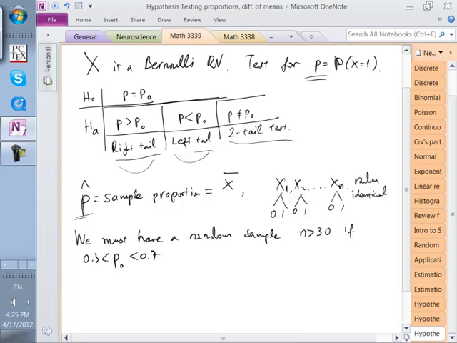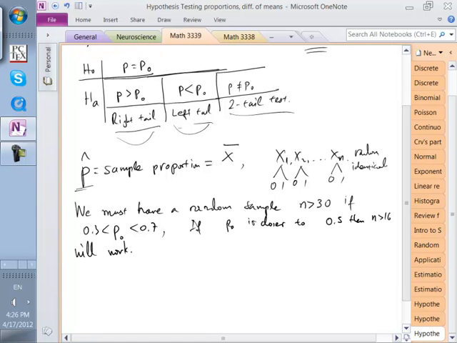I mean, the closer to 0.5, the better things become. If p sub 0 is closer to 0.5, then a sample greater than 16 will work as well.